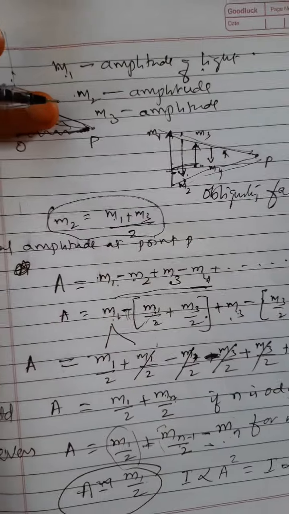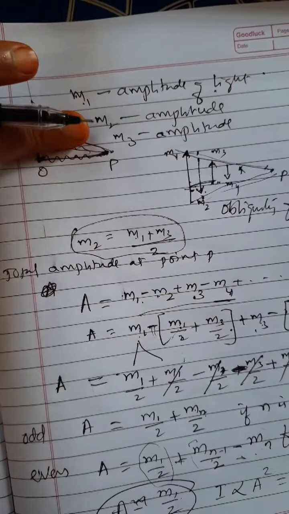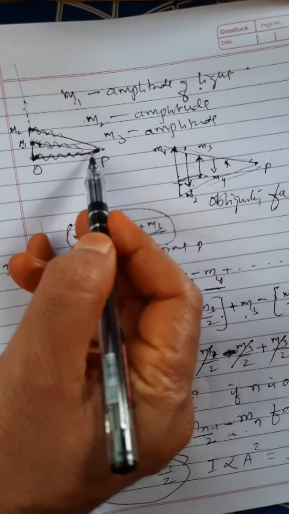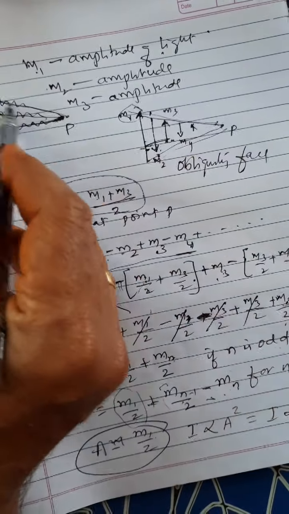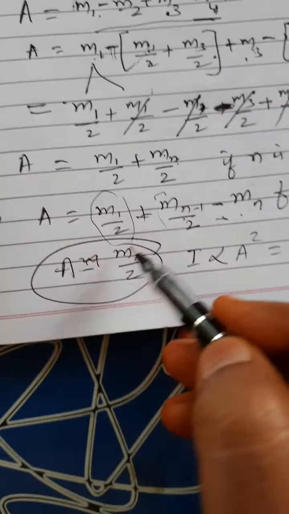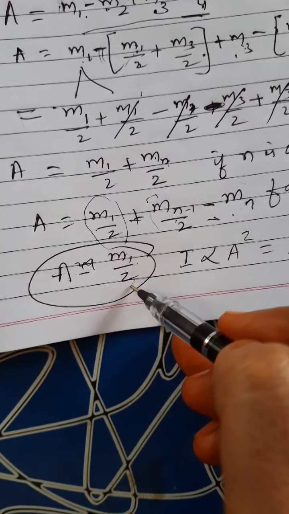If there is only one wave going, if these other waves are not there, then this has got maximum effect, and that is equal to M1. But other waves are also reaching point P, then the amplitude is half of that.